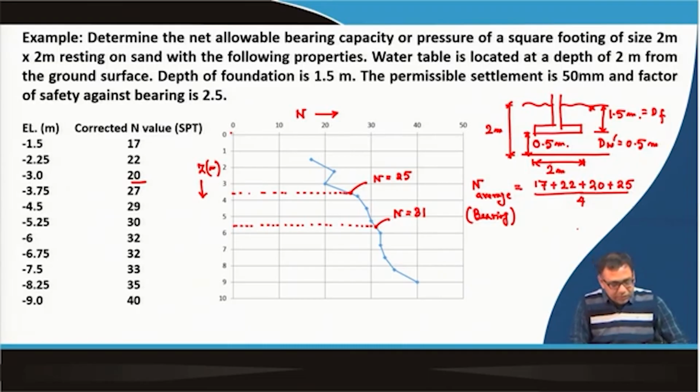For example, suppose you have a reading at 0.75 meter, which is above the base of foundation. That reading is not required when you calculate this bearing capacity equation, so we will consider only readings below the base of the foundation. So, the average value for bearing consideration only is 21.